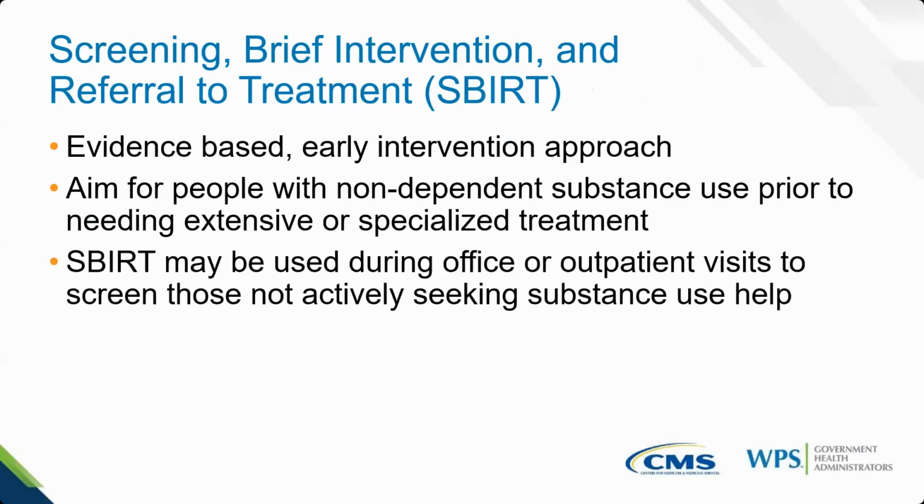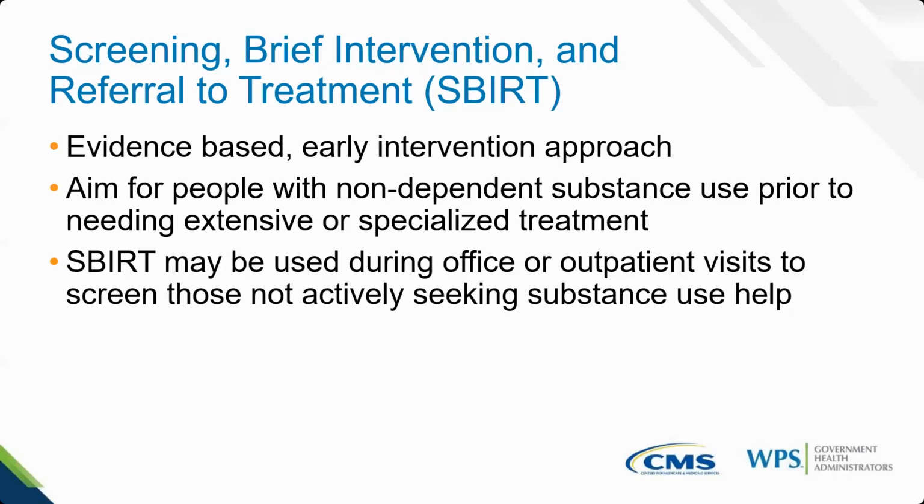All right, so talking about screening, brief intervention, and referral to treatment, or SBIRT services. What is this, and what entails this approach? So SBIRT entails the following. It's an evidence-based early intervention approach. The aim is for people with non-dependent substance use, prior to needing extensive or specialized treatment.